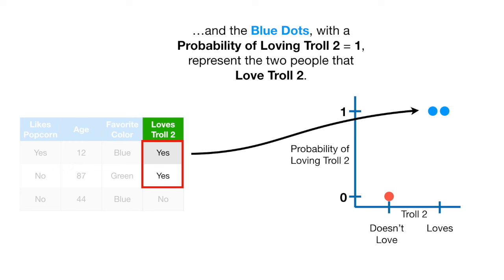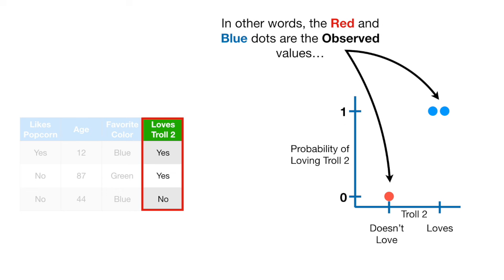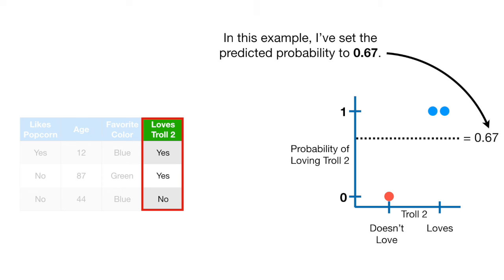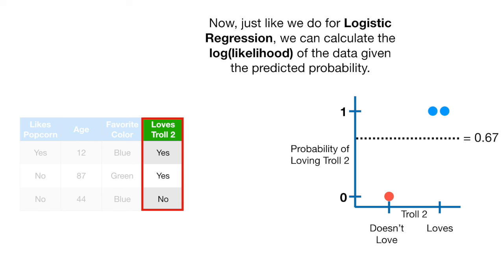And the blue dots, with the probability of loving Troll 2 equal to 1, represent the 2 people that love Troll 2. In other words, the red and blue dots are the observed values. And we can draw a dotted line to represent the predicted probability that someone loves Troll 2. In this example, I've set the predicted probability to 0.67.